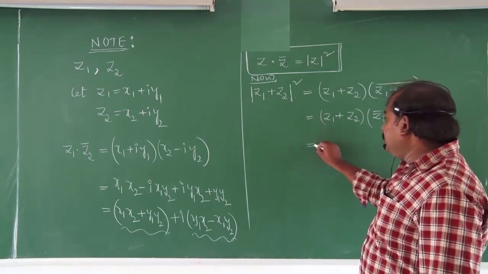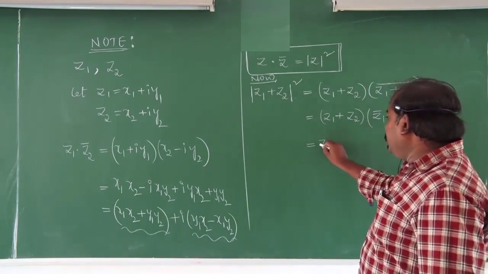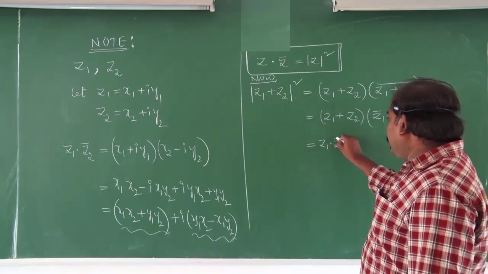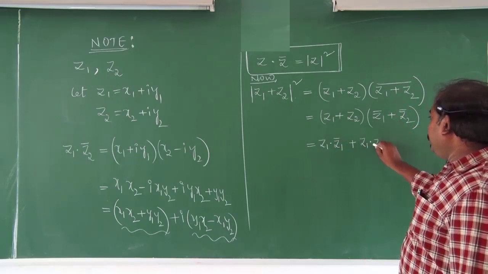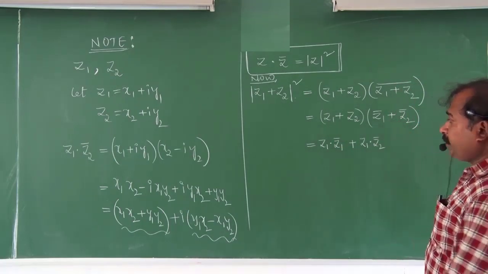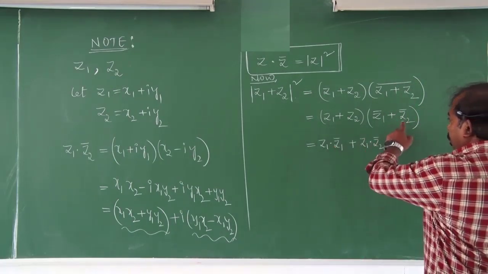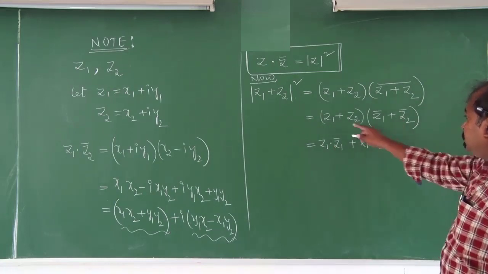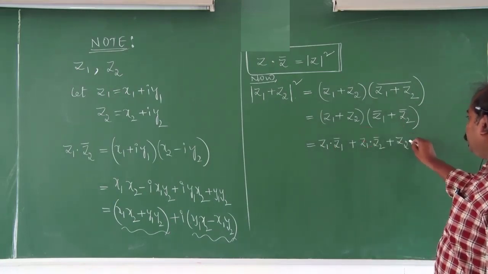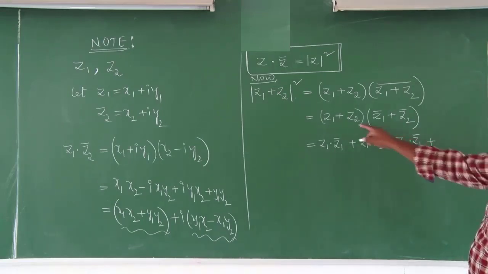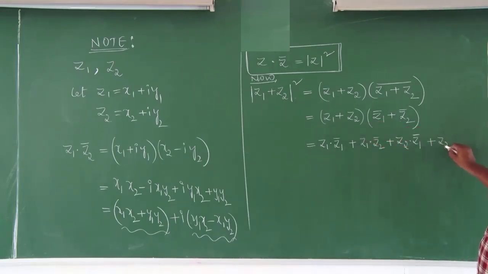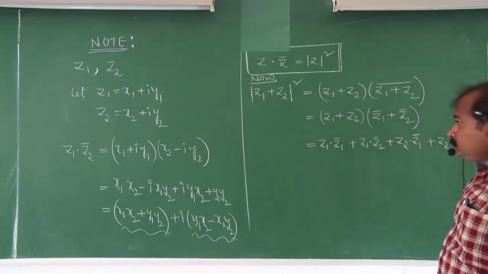Now simplify: z1 into z1 conjugate plus z1 into z2 conjugate plus z2 into z1 conjugate plus z2 into z2 conjugate.